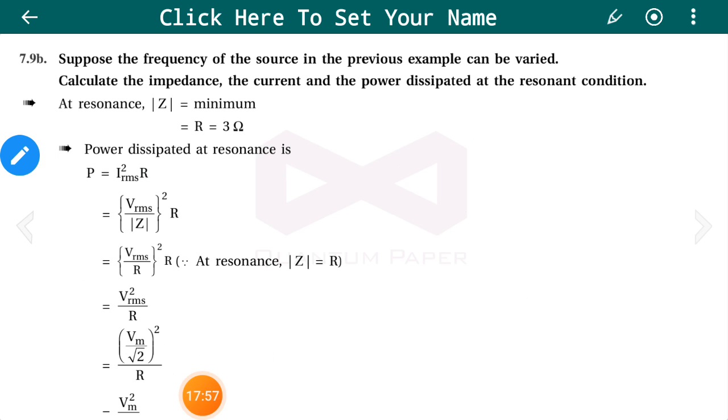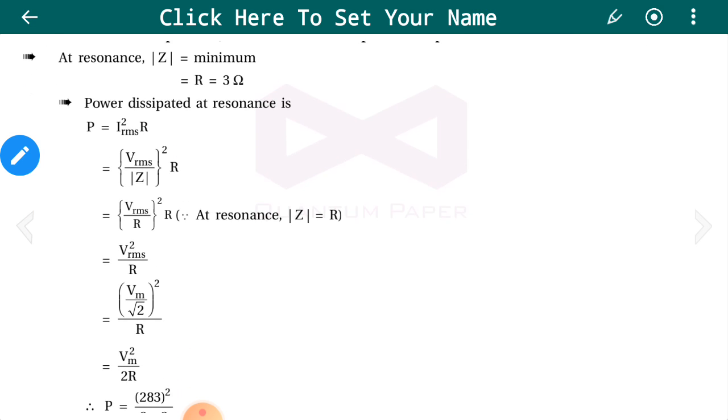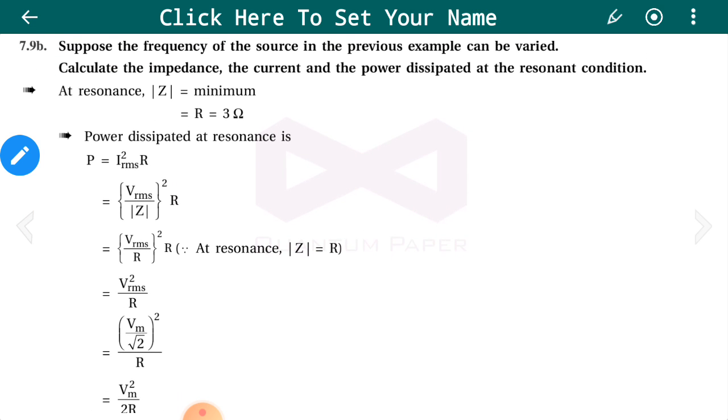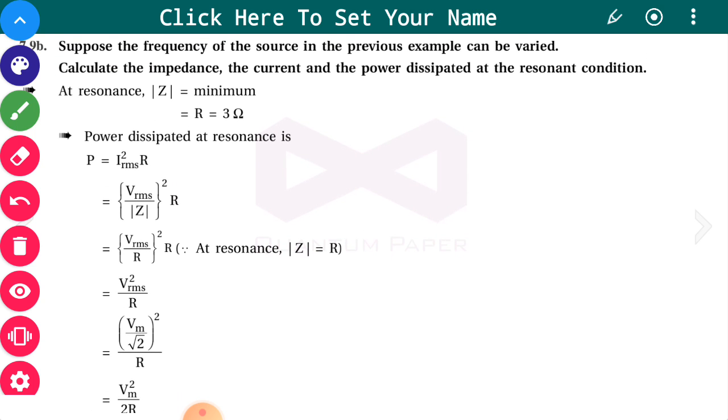Now suppose the frequency of the source is varied. Calculate the impedance, current and the power dissipated at the resonant condition. Whenever resonance occurs, XL minus XC becomes 0, because XL is equal to XC.